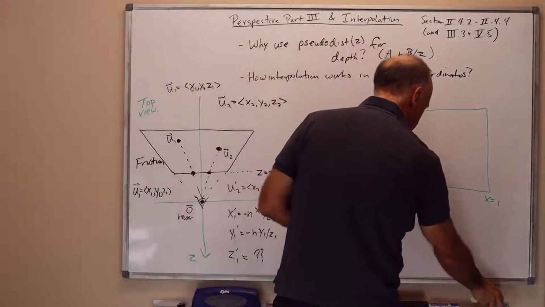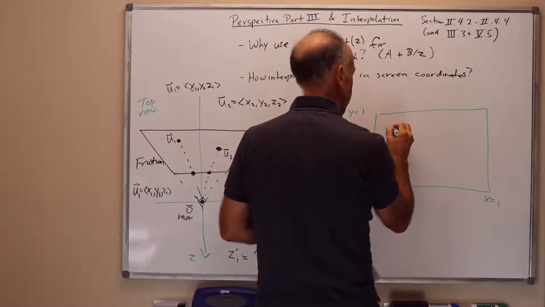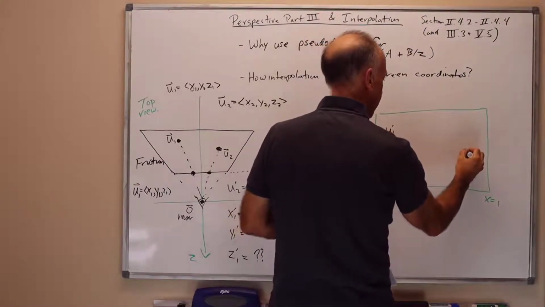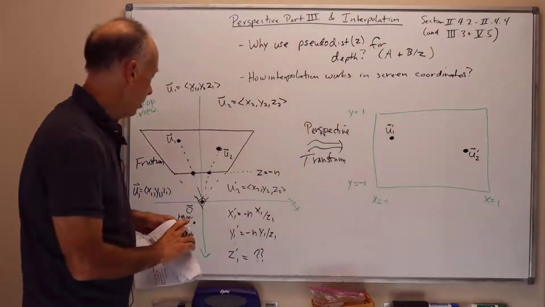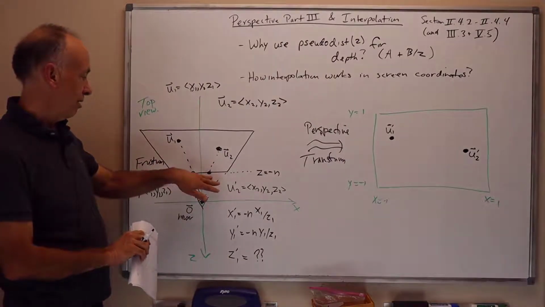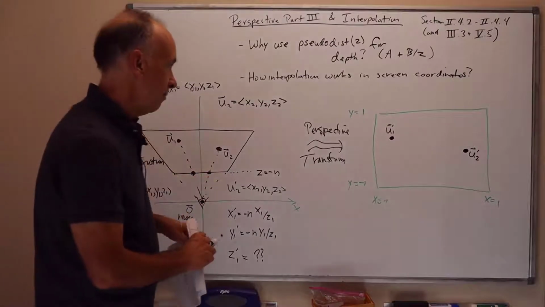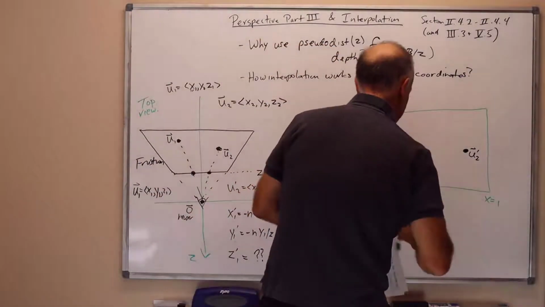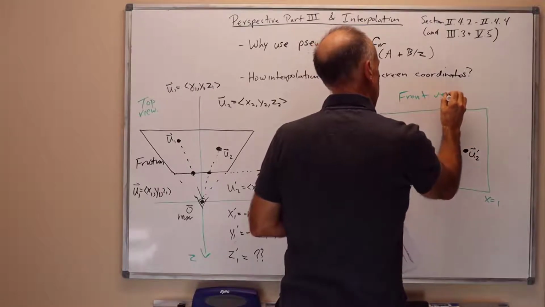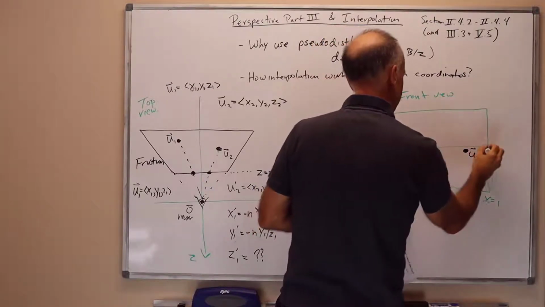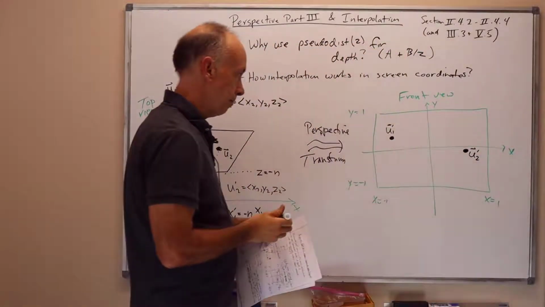And somewhere on this screen, we've got the images. Here's u1 prime, and here's u2 prime. These are the points that I drew at the bottom of the picture, which is the front of the frustum closest to the viewer. And this drawing is a front view of the screen, so the x-axis goes this way, and the y-axis goes this way.